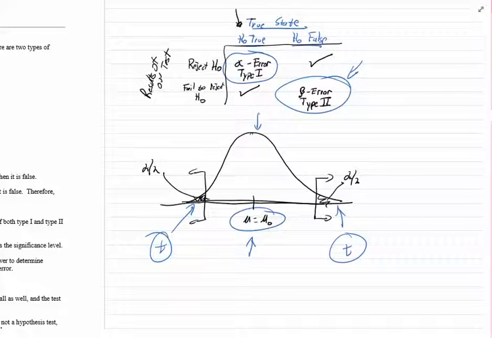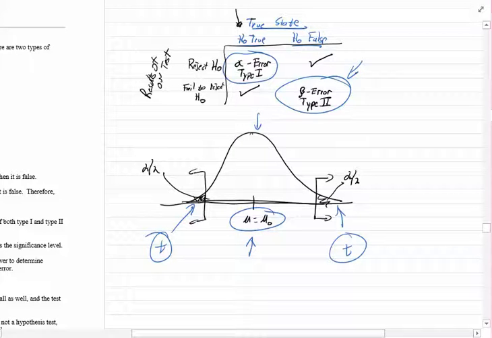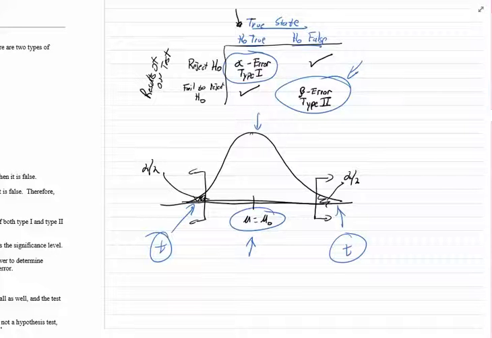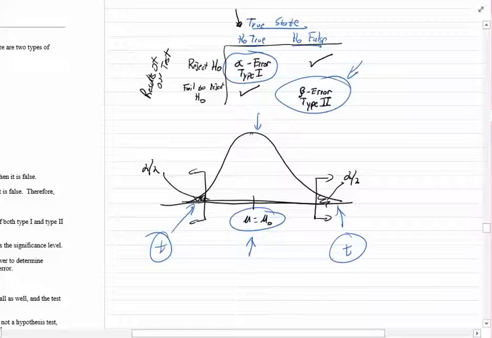And so that's fine, but then you realize, well, if you set up a system to do that, then there are probably a lot of guilty people that will go free. Right? The more and more evidence you require, you're just going to miss some people. And that's what beta error is. Guilty guys going free. Or in our case, the null hypothesis is false, and we don't reject it.